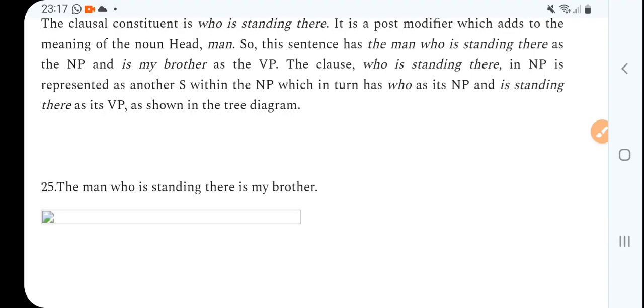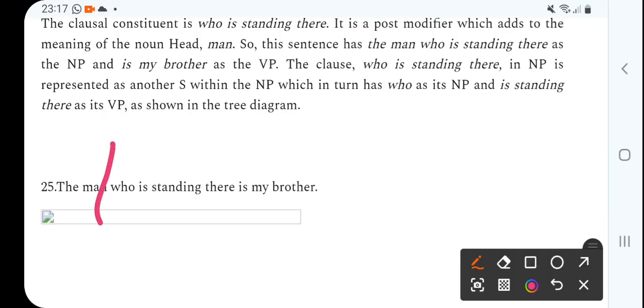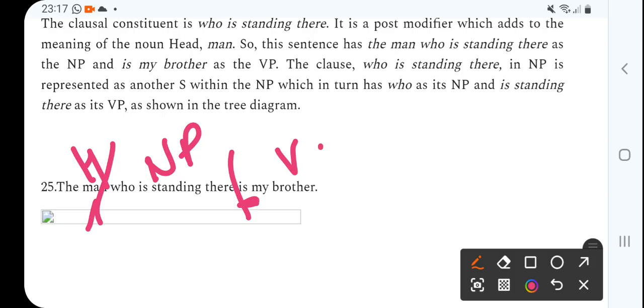And this is the example: the man who is standing there is my brother. Okay, so here the head is "man", right? This is the head, man. So the sentence has "the man who is standing there" as a noun phrase, and "is my brother" as the verb phrase.